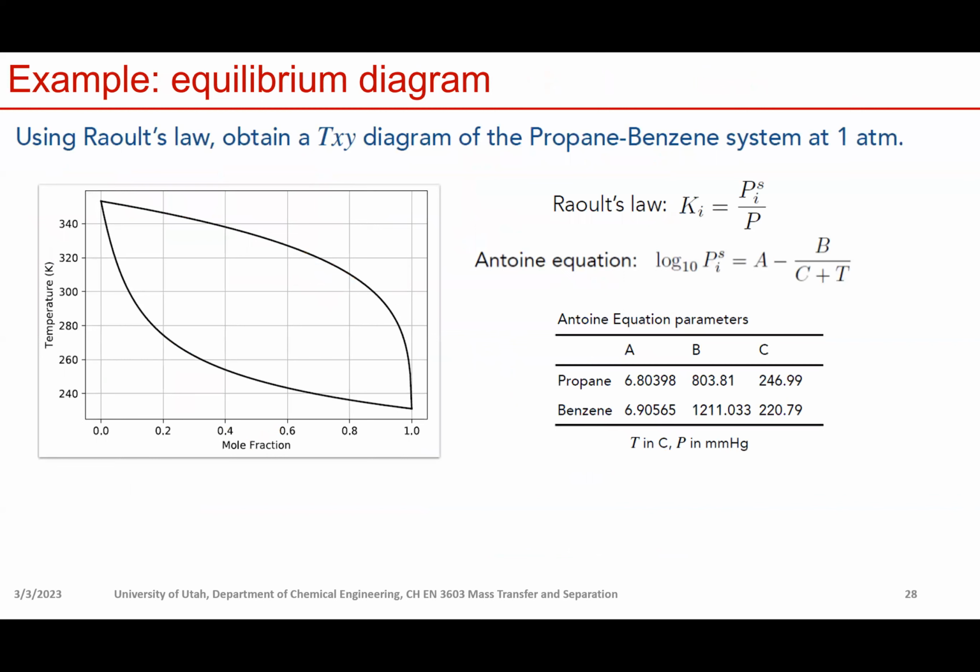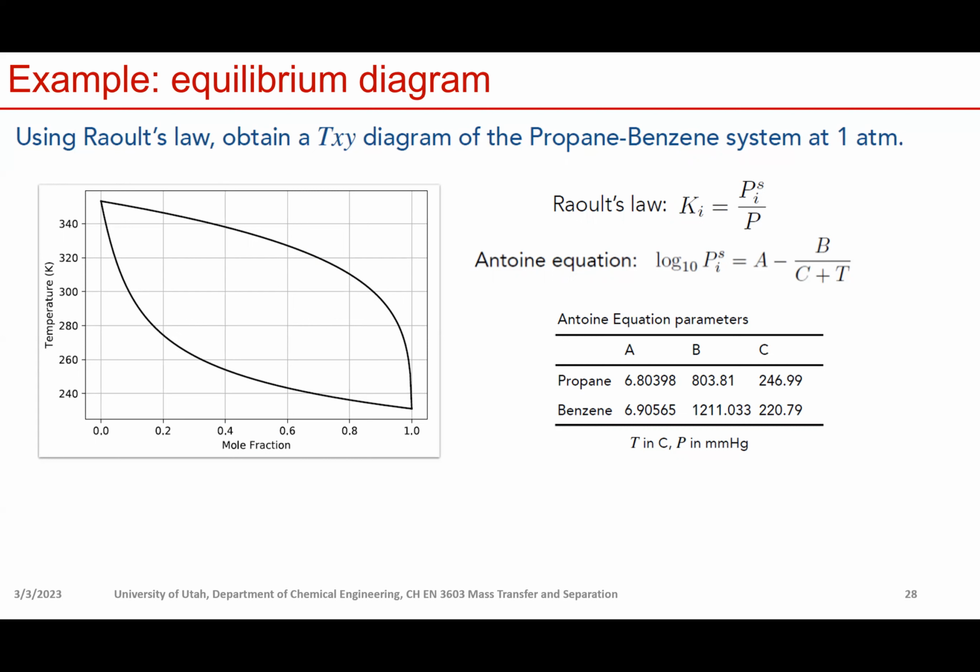So you can also compute the equilibrium diagram. That's a little bit more complex than the previous example, but we know that the equilibrium diagram is just made of the dew point temperatures and the bubble point temperatures at different compositions. So you start from one composition, compute the bubble point and dew point, and you get 2 points.